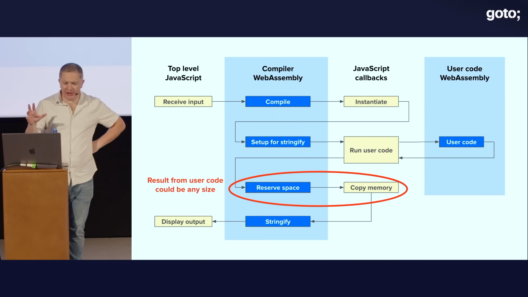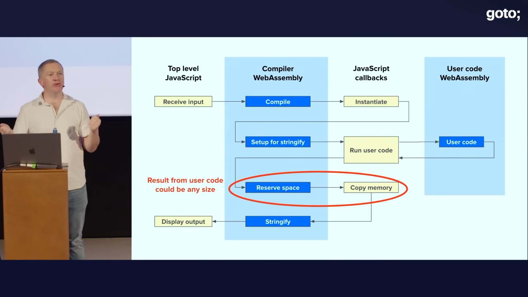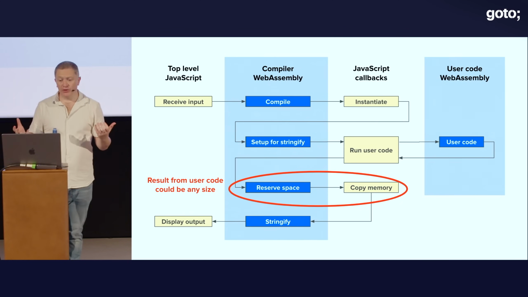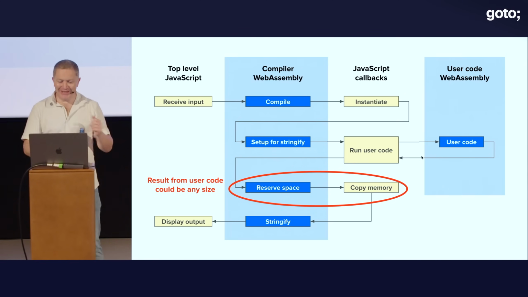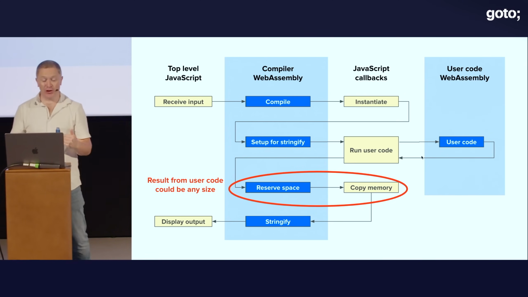And then the last complication was when we get the result of running the user's code, we've no way of knowing in advance what size that's going to be. We don't know how many bytes it's going to be. So that means it's tricky to send it back to the compiler without doing an extra step. We need this extra callback to do that.